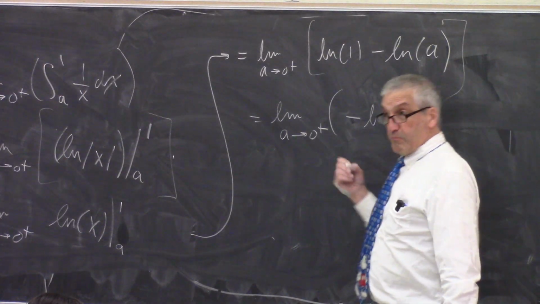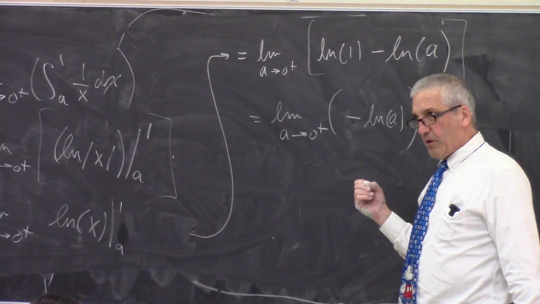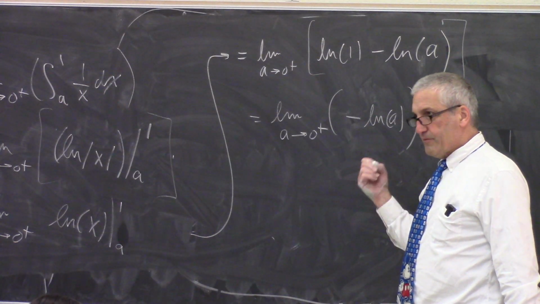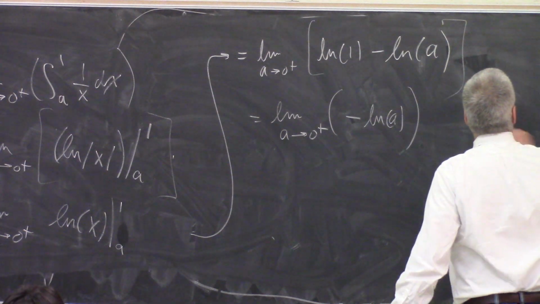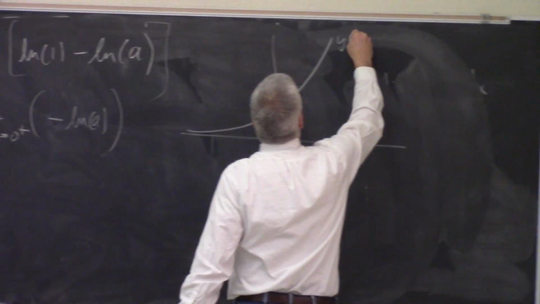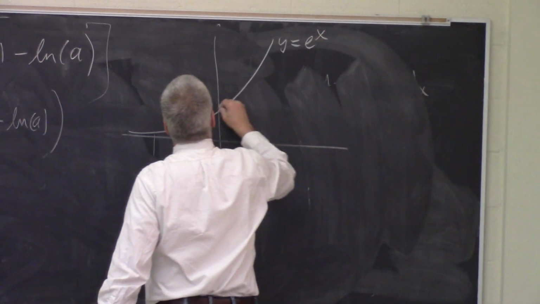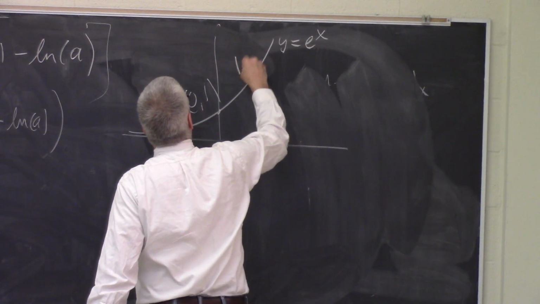All right, so it's Monday, so that means you have to once again remind yourself of what the logarithm graph looks like. Every Monday of your life, you have to do this. So let's remind ourselves. Here's the graph of y equals e to the x. It goes through 0, 1. It goes through 1 comma e.